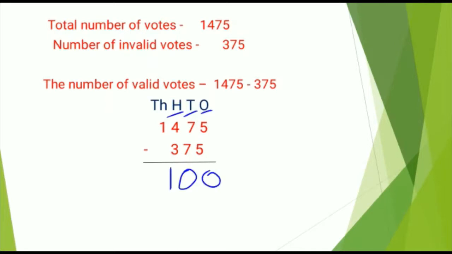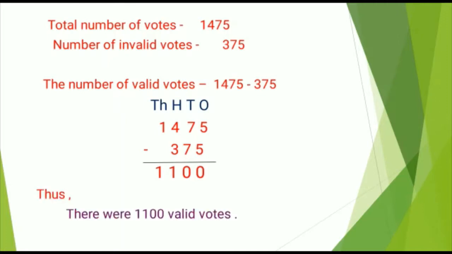Now coming on thousands place, we subtract 0 from 1, we get 1. So the number of valid votes is 1100. Thus there are 1100 valid votes.